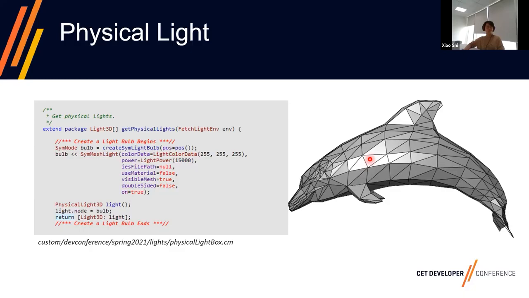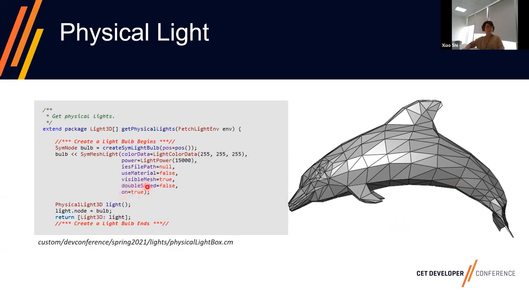If you want to have more detail, then you have more triangles. If less detail, then less triangles. So this mesh light will take each triangle and turn that into a light.